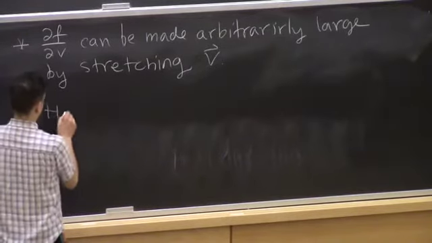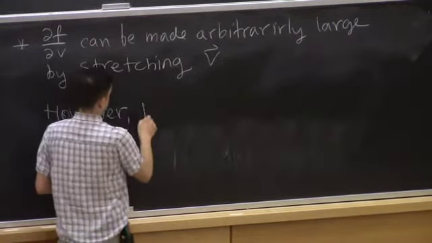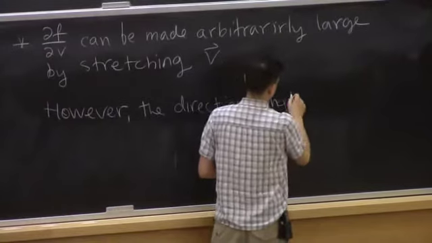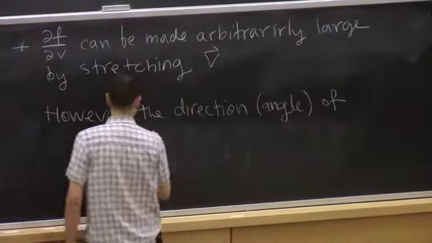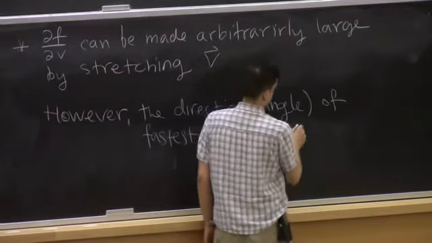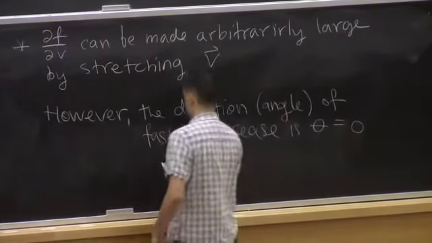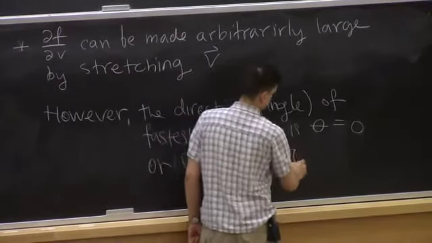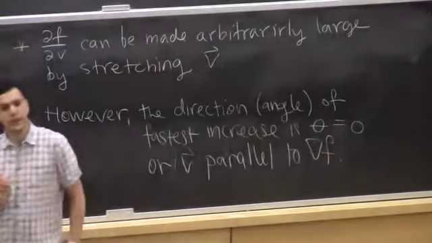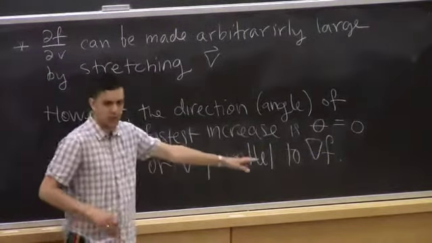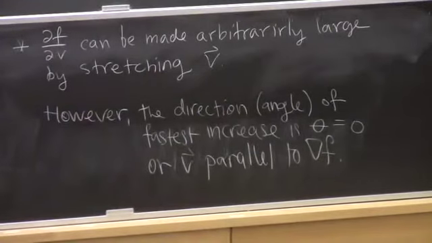However, the direction of fastest increase is when v is parallel to the gradient, or when the angle, this cos theta here, is 0. Okay, does that help at all?